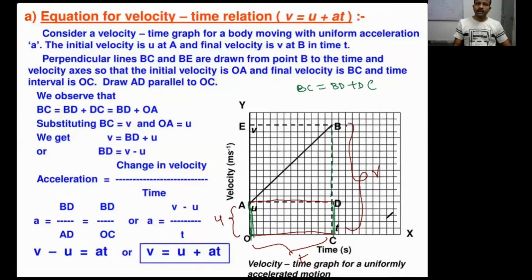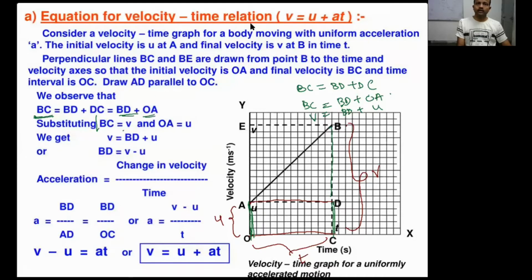So what will BD give you? BD will give you velocity, and OA will give you the initial velocity. Here, substituting the BC value: BC value is V, and OA value is U. Now you observe BC equals BD plus OA.